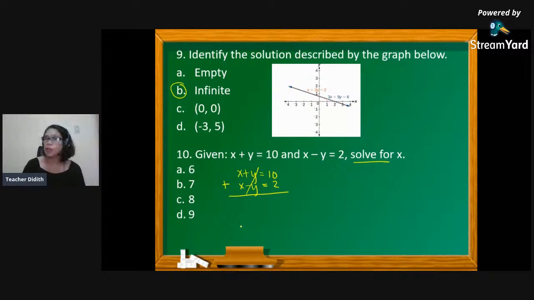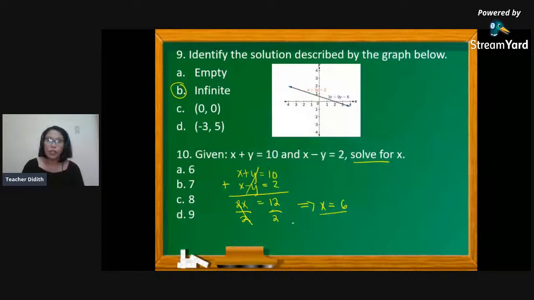So y will be eliminated. So performing addition operation, we have 2x equals 12, and we will divide both sides by 2. So we have x equals 6. And the answer is A. You are right again. Correct.